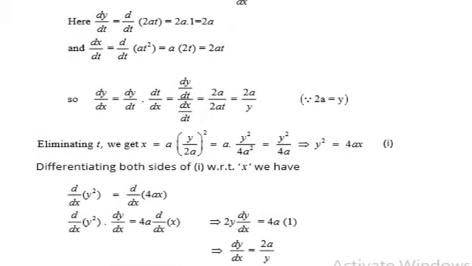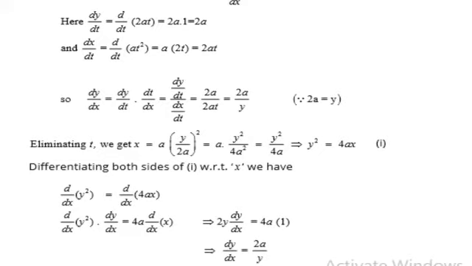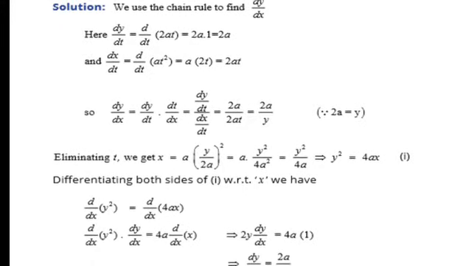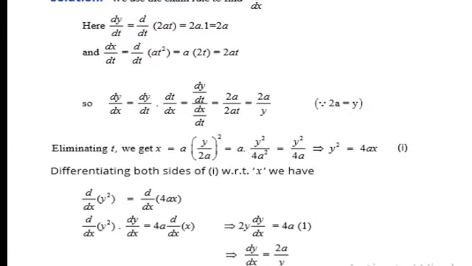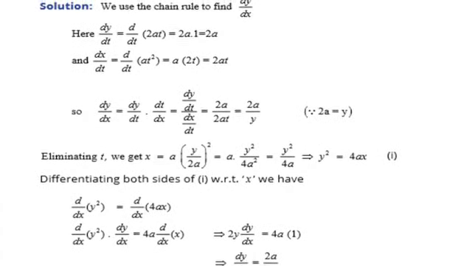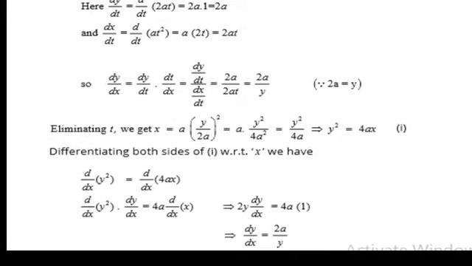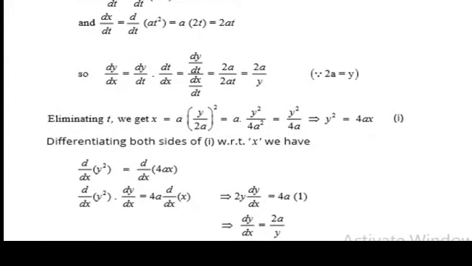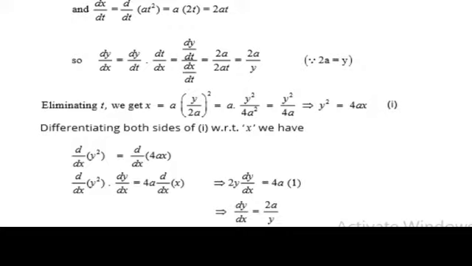We can also differentiate by eliminating t from y. We put the value of t in x, so it becomes y square is equal to 4ax, and then differentiate. The derivative of y square is 2y, its power 2 minus 1 is 1, and then always when you differentiate y, its derivative is dy by dx, and the derivative of y raised to power n is n y^(n minus 1), and then the derivative of the base. The derivative of 4ax is 4a.